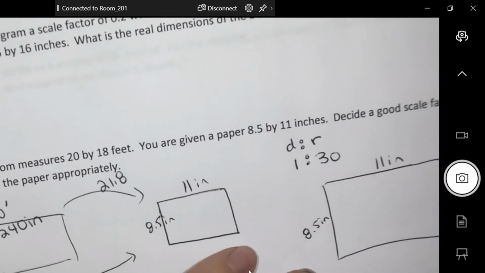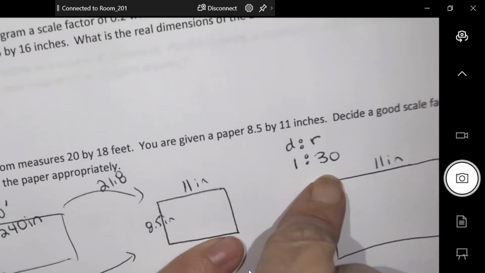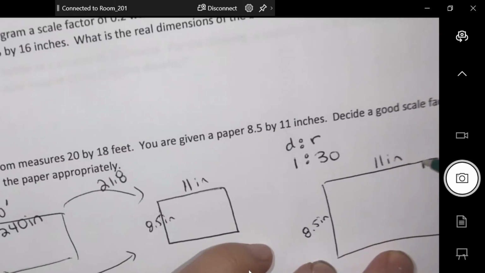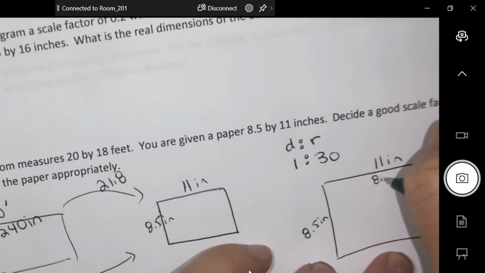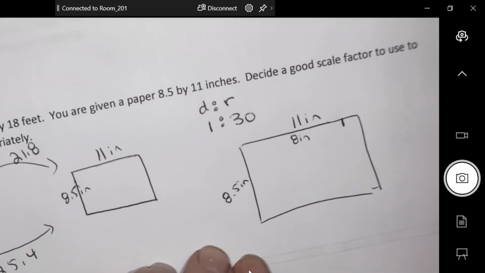Okay, here's why I picked 30, because I am dividing 240 by 30, which makes a nice 8 inches. So when I can put that on my paper, that fits nicely, the 8 inches out of the 11 on that side.